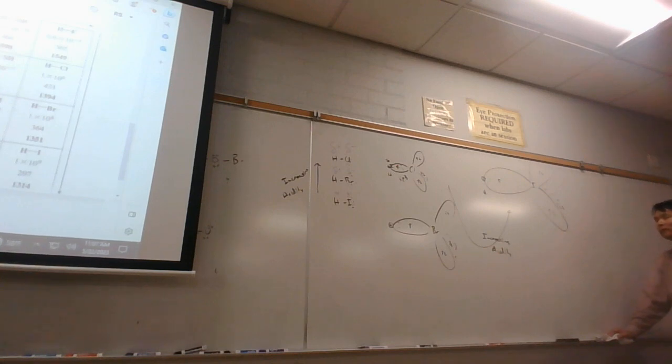Number 3, stability of the products. H plus is one of the products, so we're just going to look at the anion. When we look at the anion of chloride like this, what stabilizes the chloride?